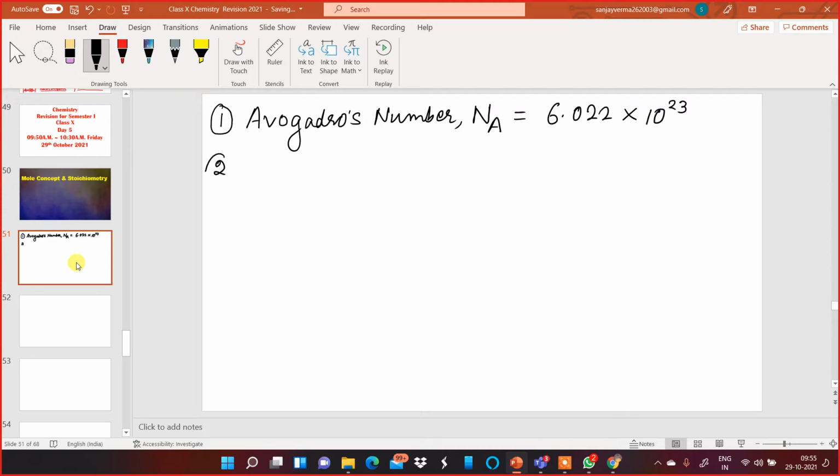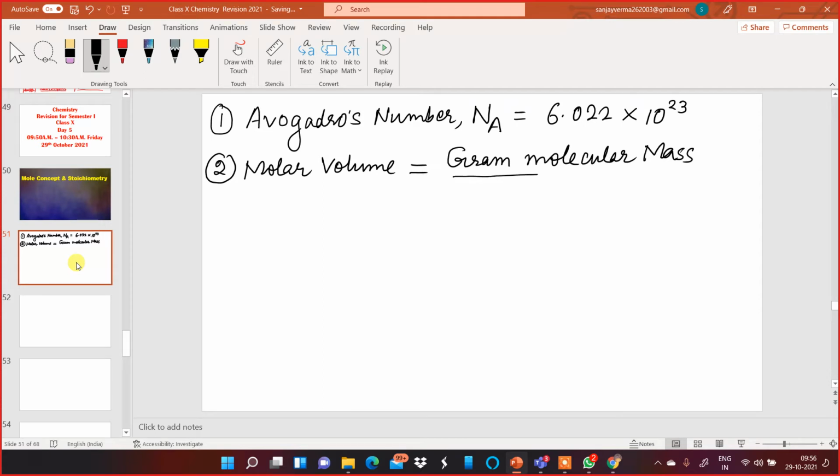Number 2 is molar volume. For molar volume, the formula is gram molecular mass divided by mass per liter of gas at STP.